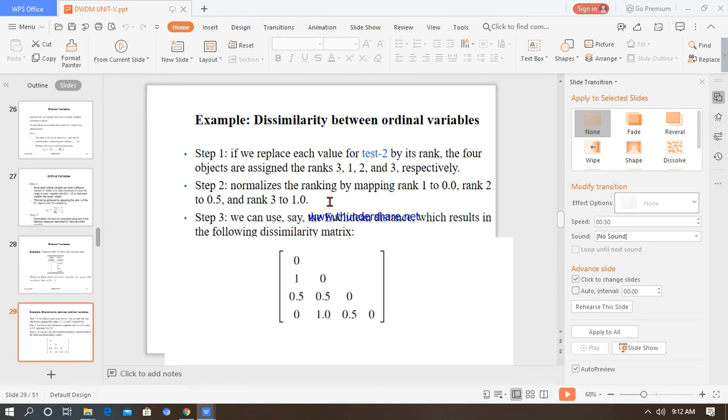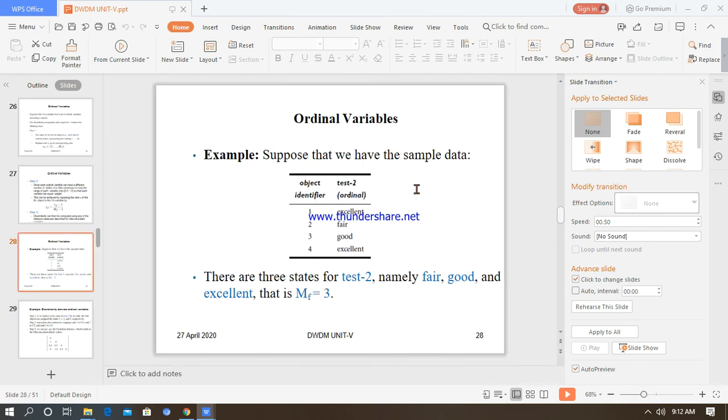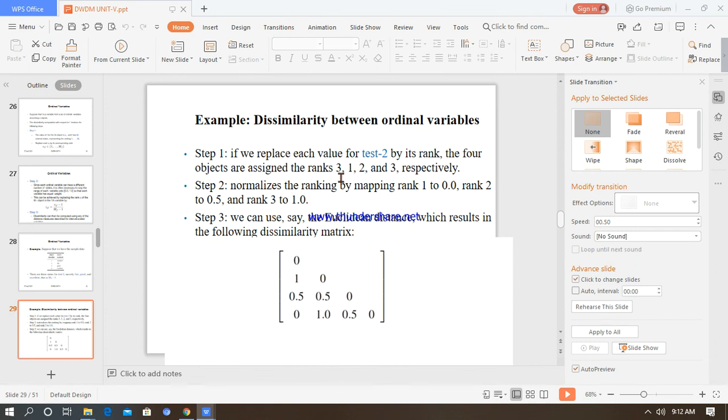We have 3 steps. Step 1: we first replace each value of test2 by its rank. The 4 objects are assigned the ranks 3, 1, 2, 3. Fair is assigned 1, good is assigned 2, and excellent is assigned 3, so the ranks will be 3, 1, 2, 3 respectively.